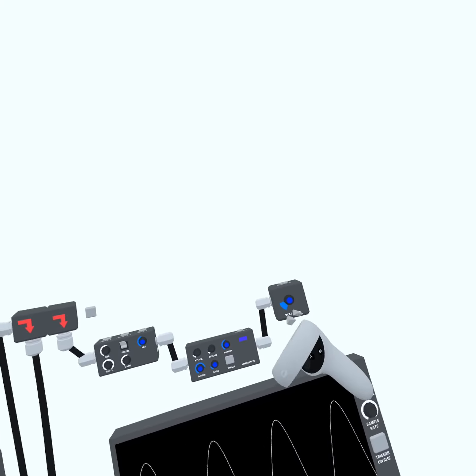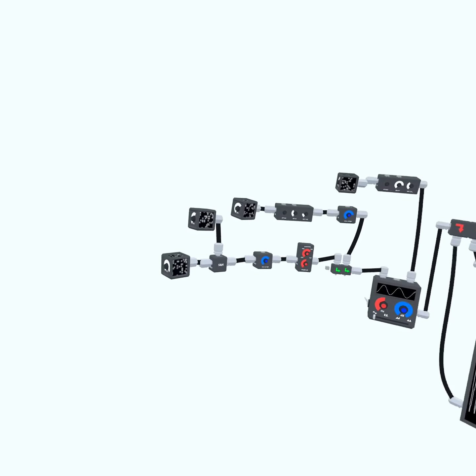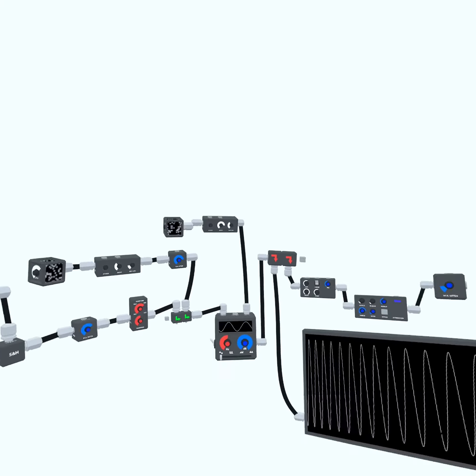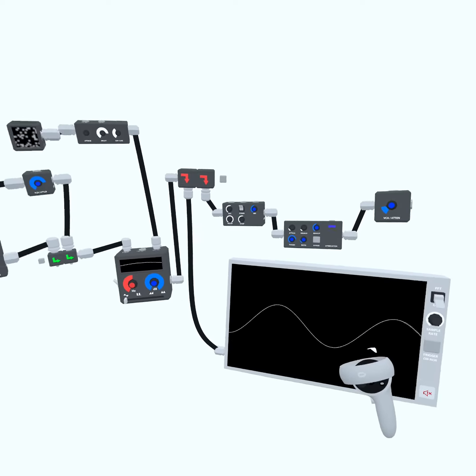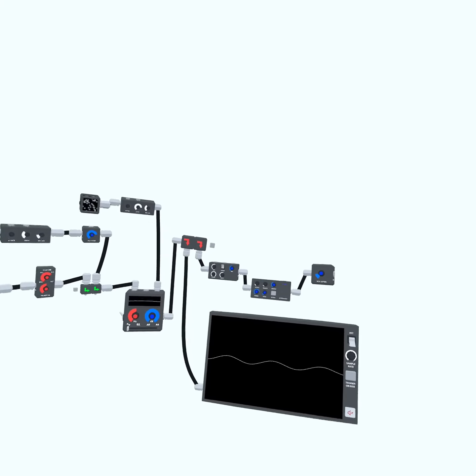Right. Okay, so that's pretty much everything that you have to know about this patch here. It gives an example of more complex, abstract kind of music patching. It's not that many modules really, which is the beauty of modular synthesis.